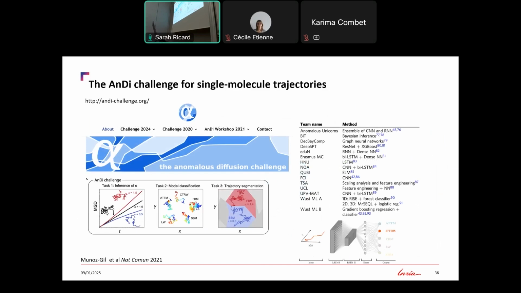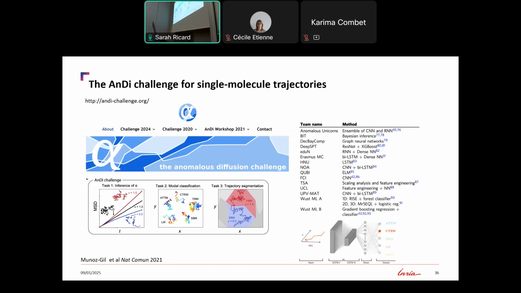It turns out that since 2020, four years ago, some people have launched a challenge on the internet, just like a Kaggle challenge, where you have trajectories and 3 tasks. You have to decide what the model is, so model classification. You see CTRW, FBM.